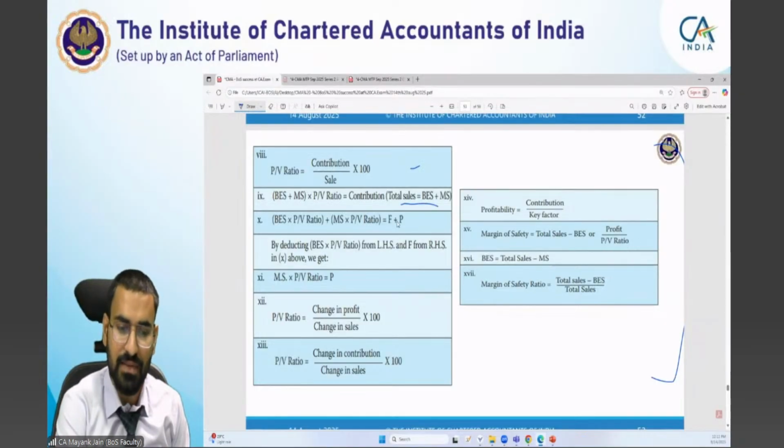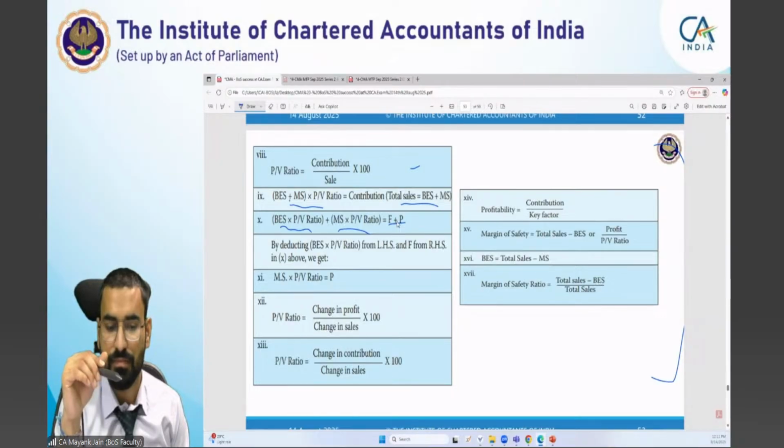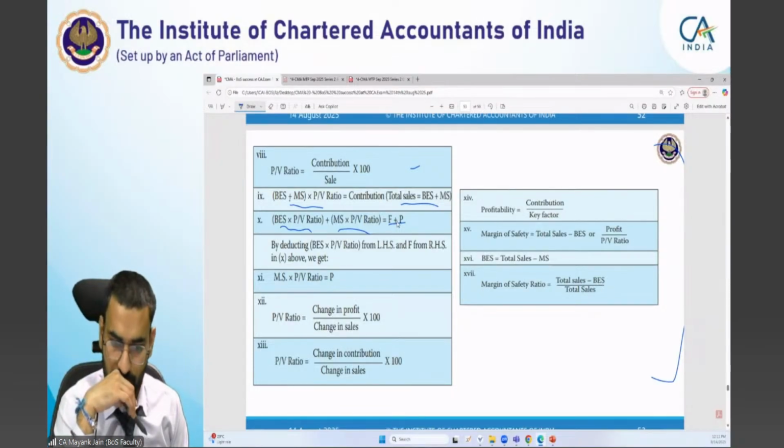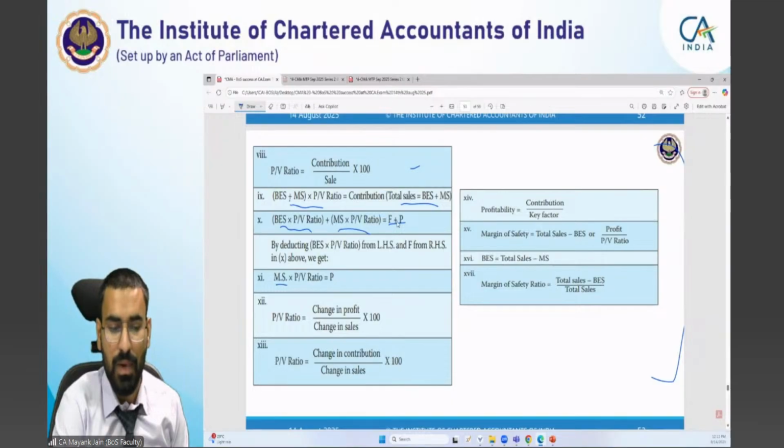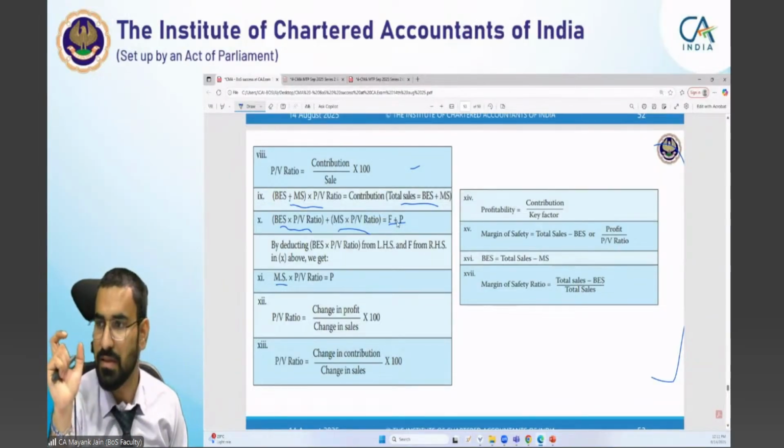And the break even sales into the PV ratio, margin of safety sales into the PV ratio, basically this is the division of this formula, equals the contribution. And when we multiply the margin of safety with the PV ratio, from the total margin of safety we are calculating the contribution, we will get the profit.